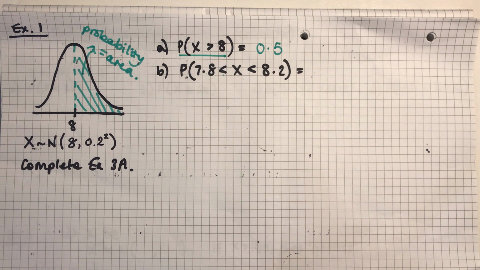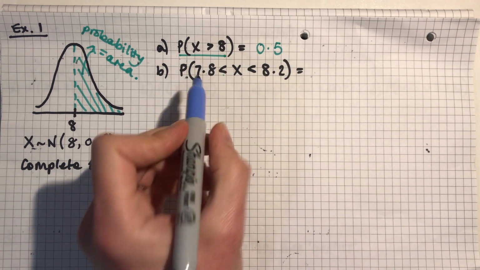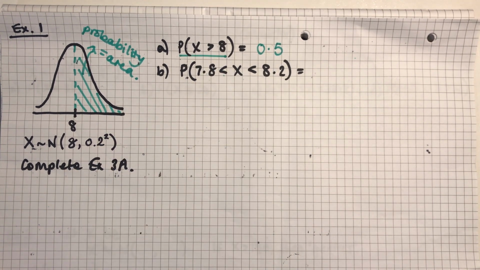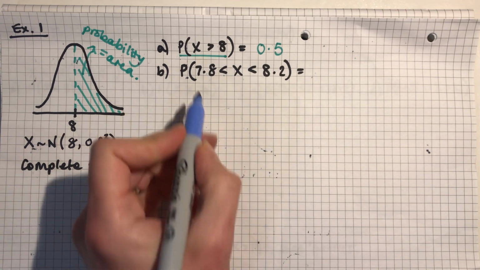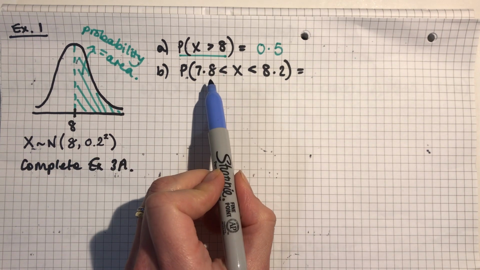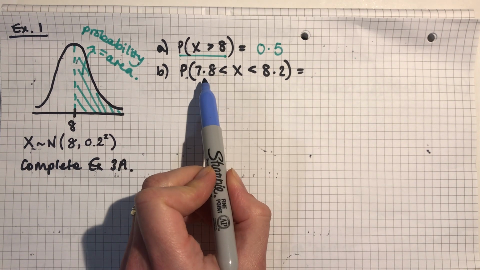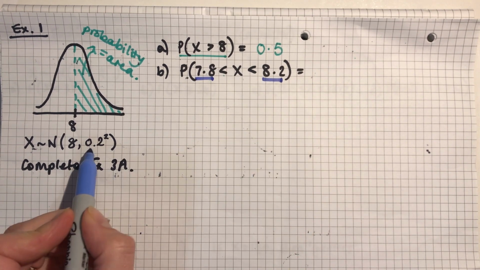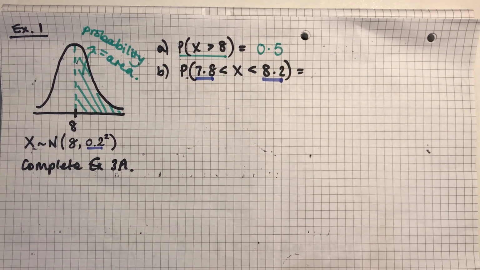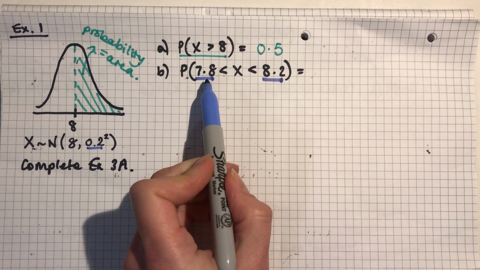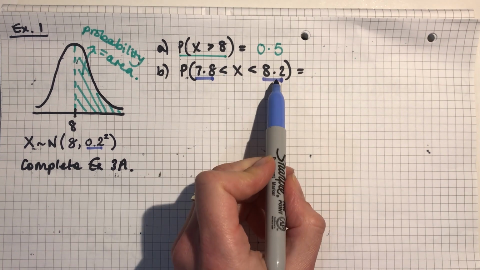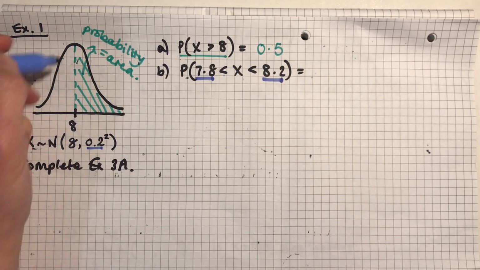We've got the probability that x is between 7.8 and 8.2. I mentioned this briefly before, but in case you didn't quite catch what I was saying, these values here, 7.8 and 8.2, are both 0.2 away from 8. This one is 8 minus 0.2, this one is 8 plus 0.2. So what we're dealing with is this.